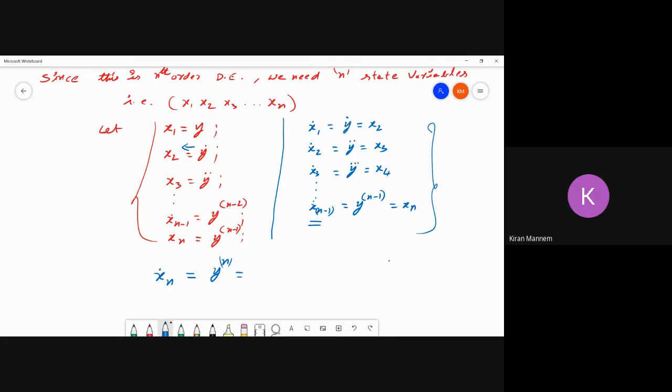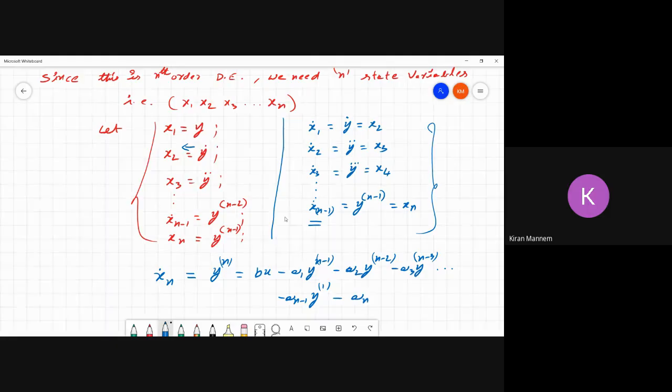Which is nothing but bn u minus a1 into y to the power of n minus 1 minus a2 into y to the power of n minus 2 minus a3 into y to the power of n minus 3 and so on, minus a(n minus 1) into y to the power of 1 minus an y only, right?